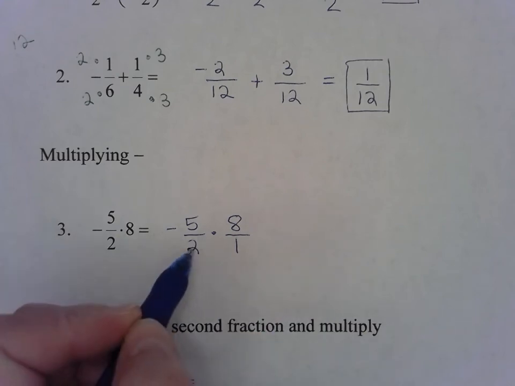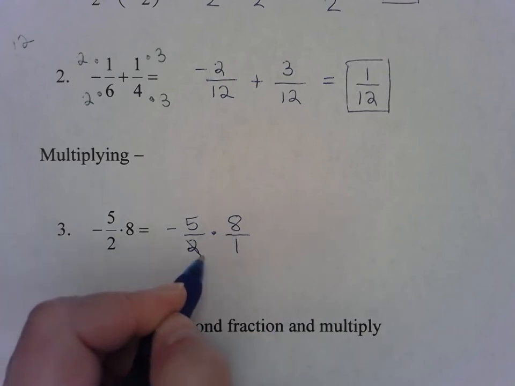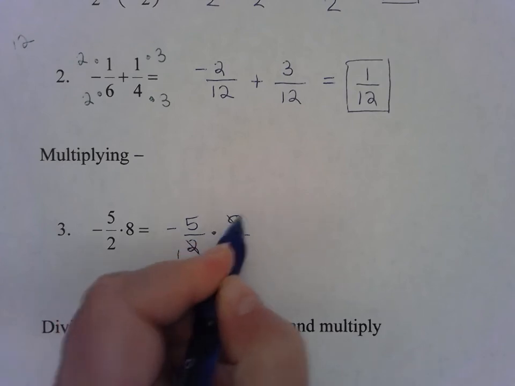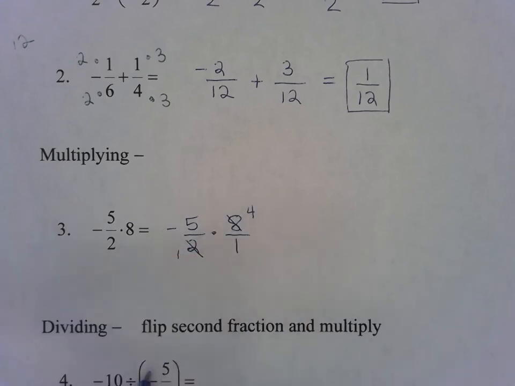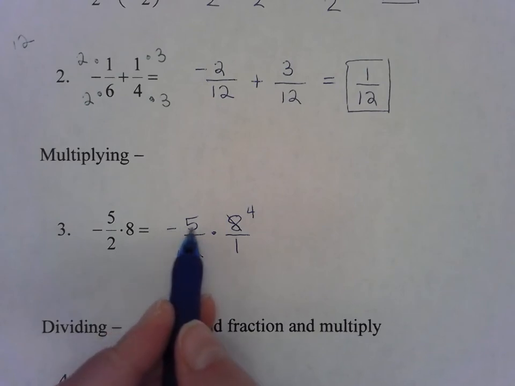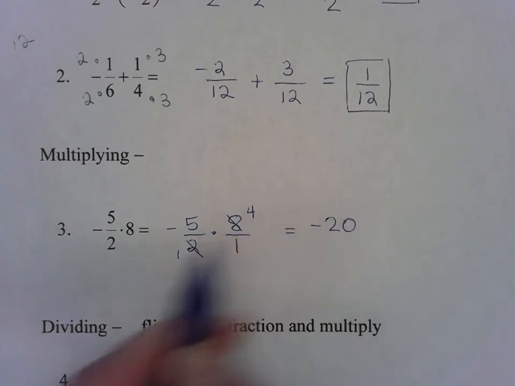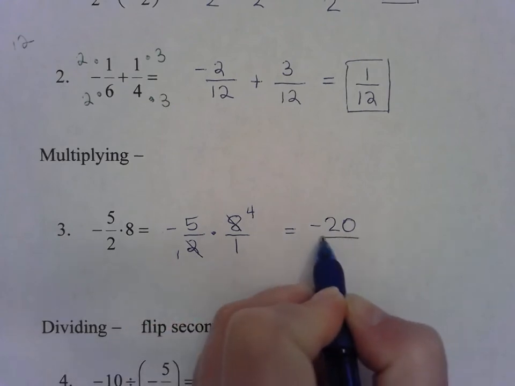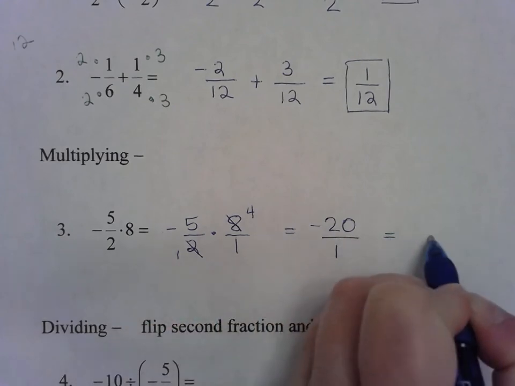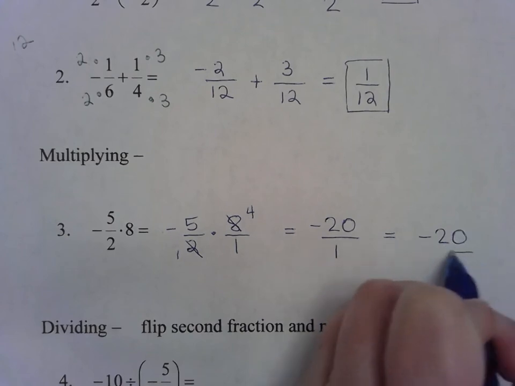Or you could say, hey, 2 goes into 8, so I can go ahead and divide both of these by 2 and then multiply across. Negative 5 times 4 is negative 20, and 1 times 1 is 1. So I multiply both the tops and the bottoms.